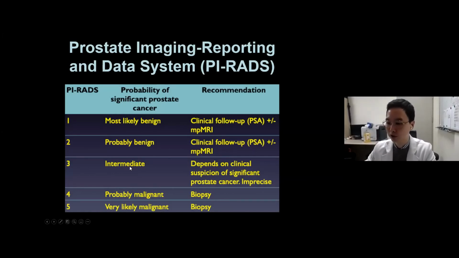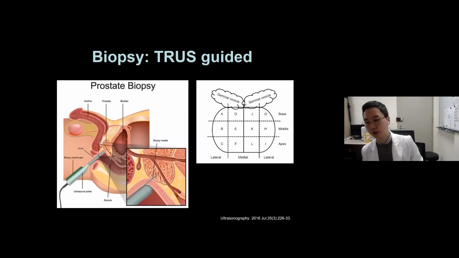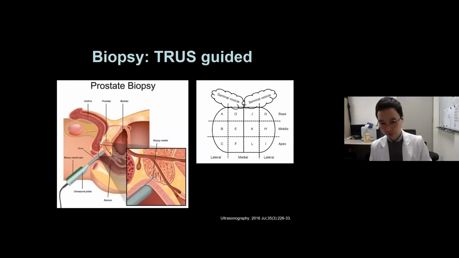So if we have seen a lesion which has a PIROT score of 4 and 5, we have to do the biopsy. The most commonly performed biopsy is under ultrasound guidance.